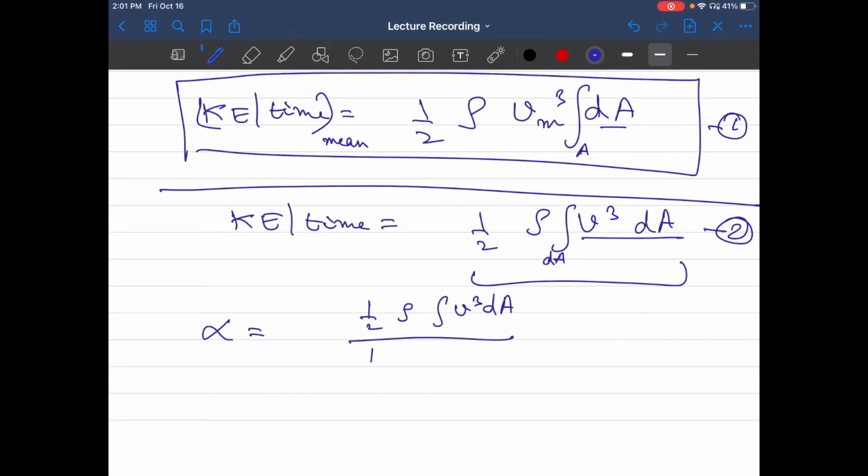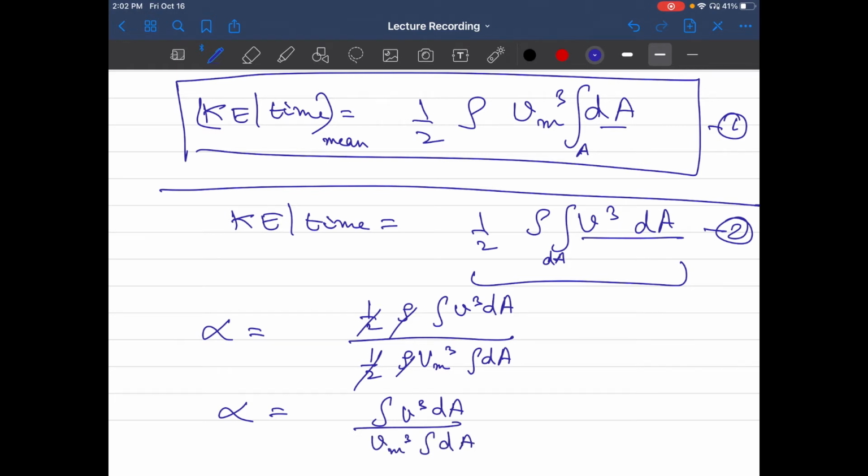So in the denominator, we have half rho Vm cube dA, assuming that our flow is incompressible, because that's why we have brought rho outside, and these will go away. So our alpha simply becomes the integral of V cube dA divided by the integral of Vm cube dA.